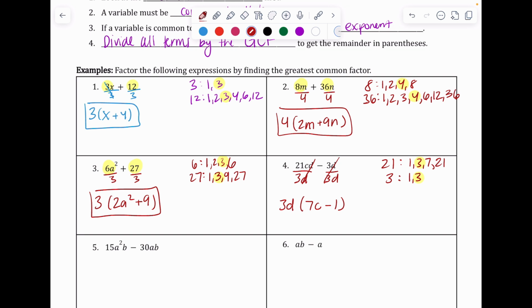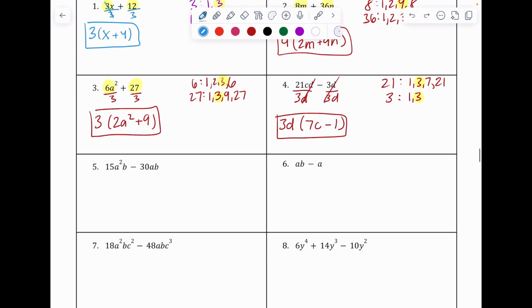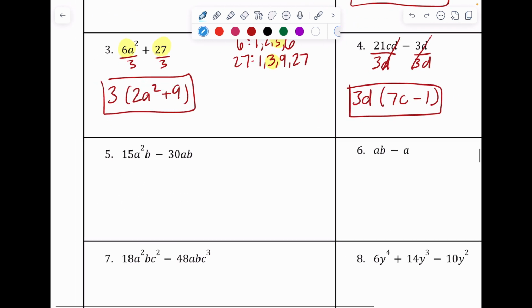Okay, so again, if I distribute this, I get 21CD minus 3D. Oh, look, that's exactly what I started with. That's if you want to check it. Okay, number 5. Again, I want to think about 15 and 30.